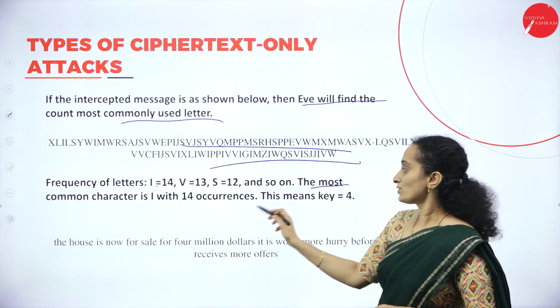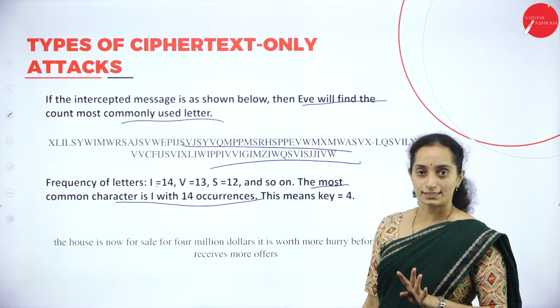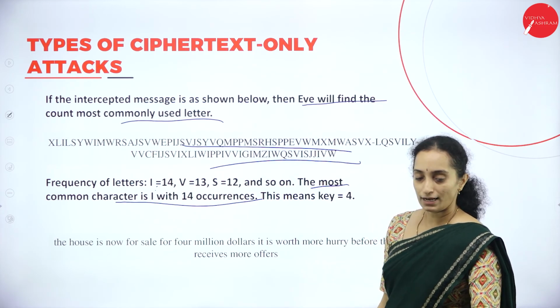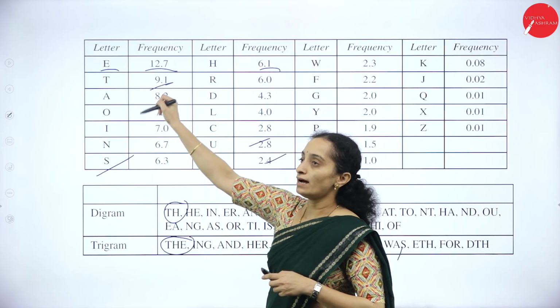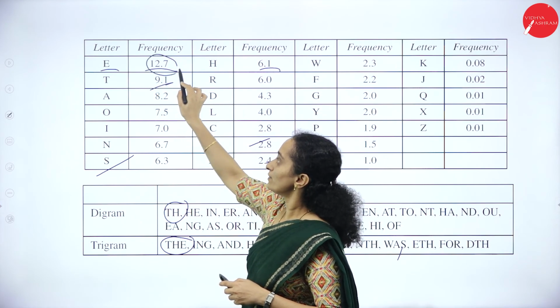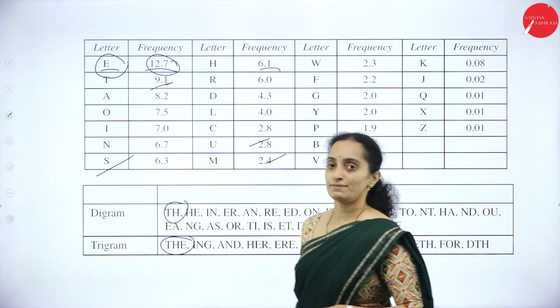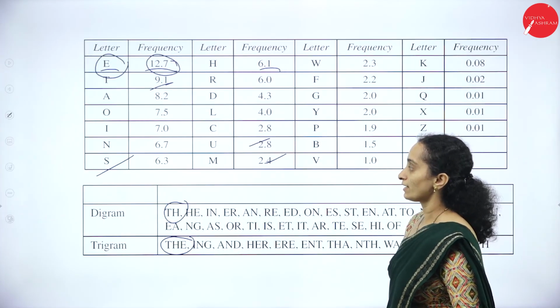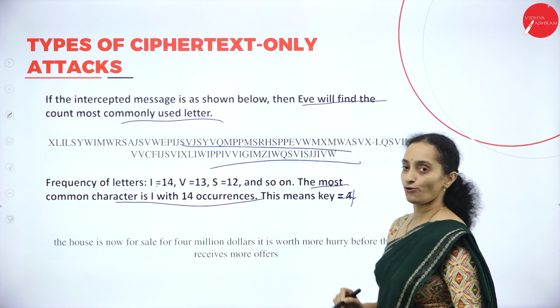The most common character is I with 14 occurrences. Now she will compare this repetition with the frequency of the letters. 14 is nearer to 12.7, the frequency of the letter E. So she will conclude that the key that is used is 4.